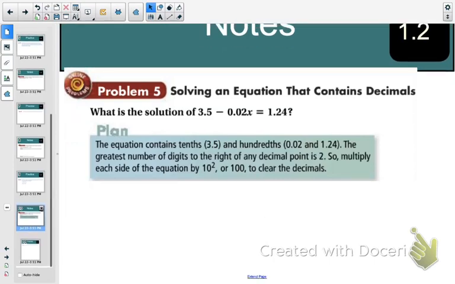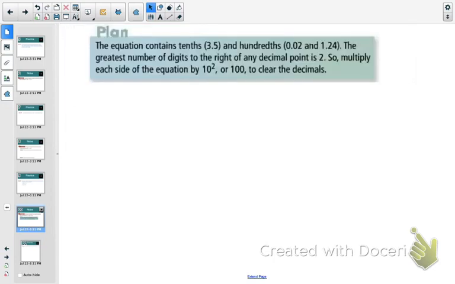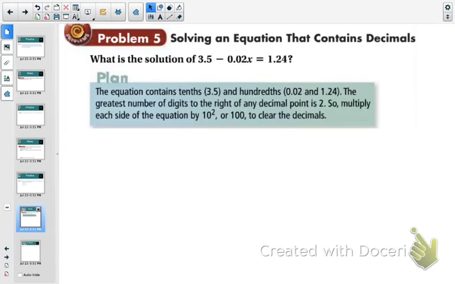We're working with decimals. With this one, you could work with decimals, that's fine. So let's solve it just like we regularly would. I'm going to place my line down the middle here. Let's ignore all these words right here. I'm going to subtract 3.5 from both sides. So let's cancel.